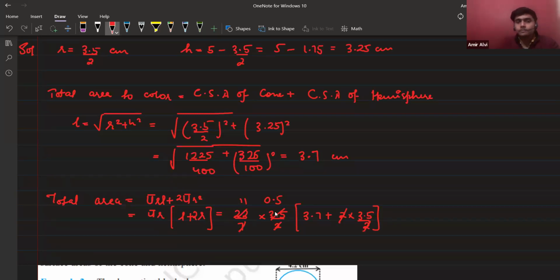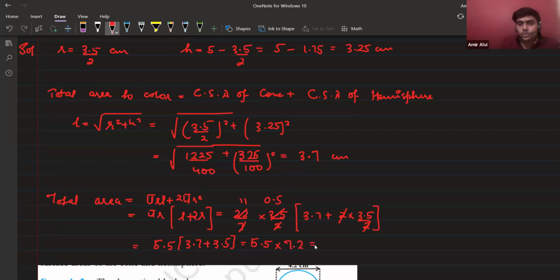Okay, very good. So it is 11 into 0.5, which will be 5.5, into 3.7 plus 3.5. So 5.5 into 7.2.